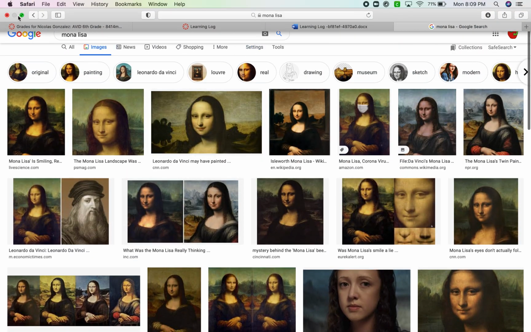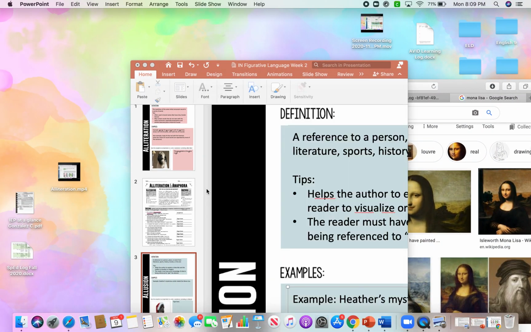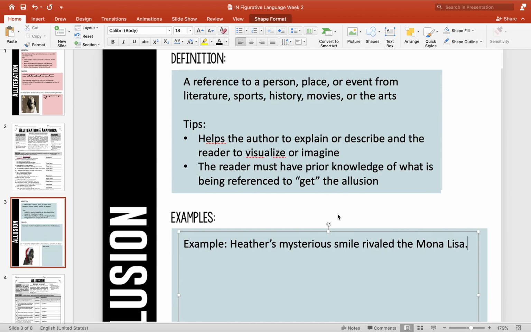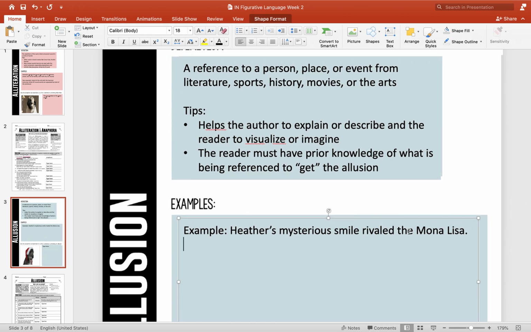And going back to our notes, remember when it's referencing even art, then it is an allusion. So we're going to go ahead and explain that out.